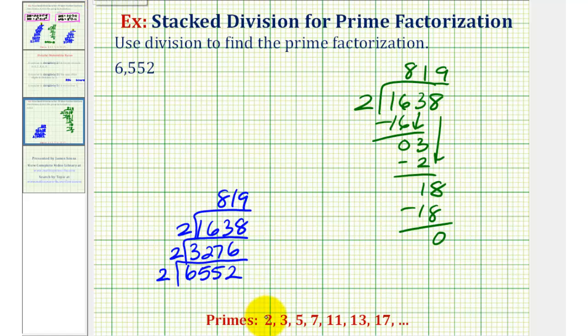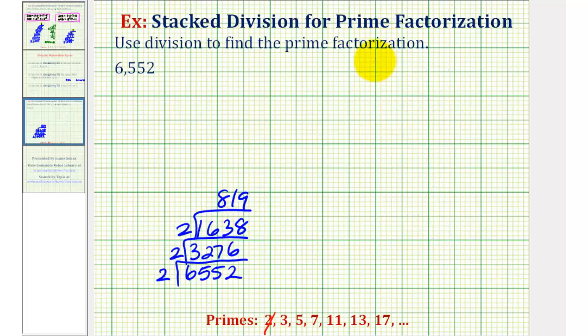So we're done with the prime number of 2, and now we'll go to 3. Remember, the divisibility rule for 3 is if we add the digits and that sum is divisible by 3, so is the original number. And since 8 plus 1 plus 9 is equal to 18, and 18 is divisible by 3, so is 819.